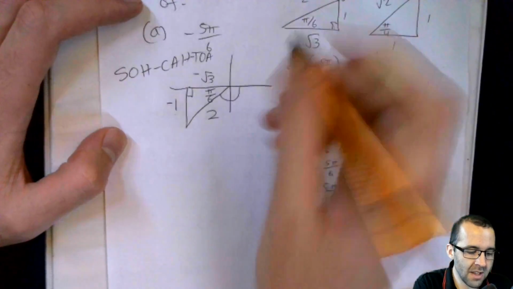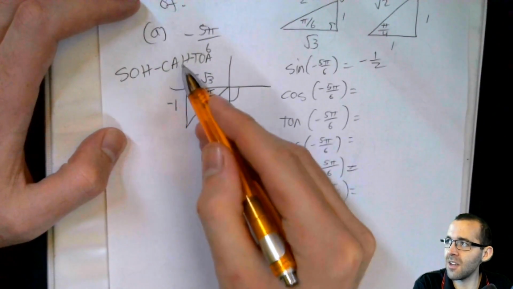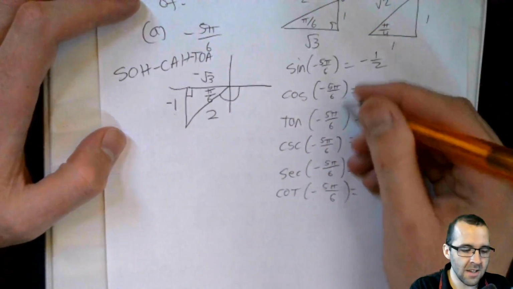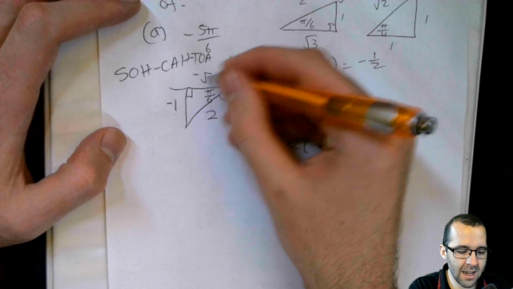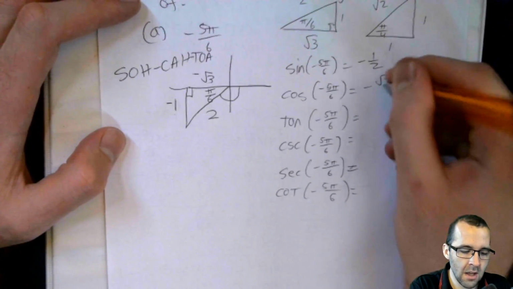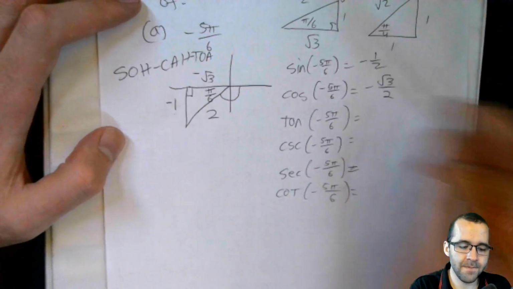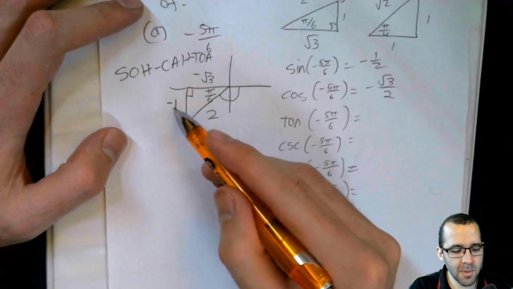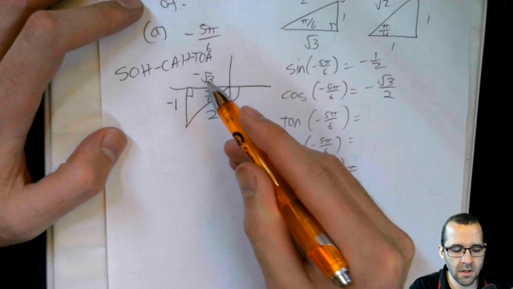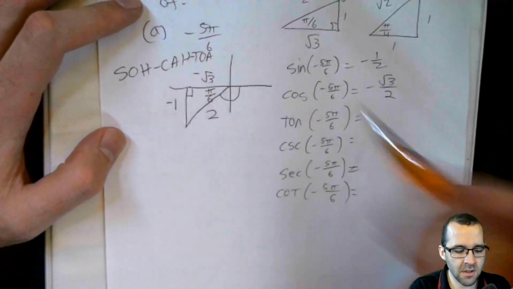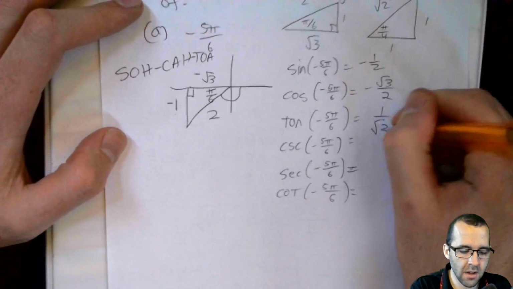It's very important. Sine opposite over hypotenuse, cosine adjacent over hypotenuse, etc. So cosine is the adjacent side, negative root 3, divided by the hypotenuse, 2. Tangent is the opposite over the adjacent. So 2 negatives, they're going to cancel. We just have 1 over root 3.